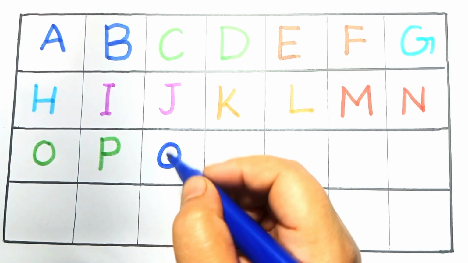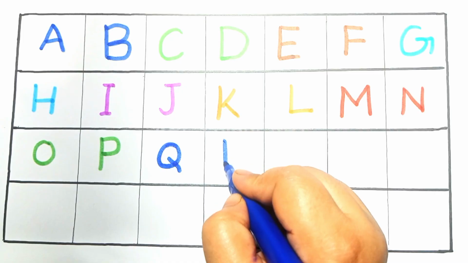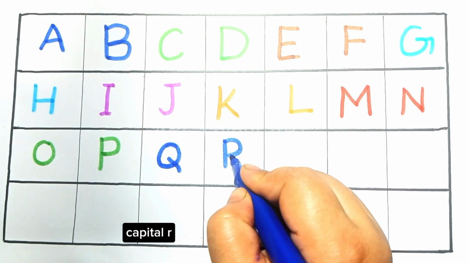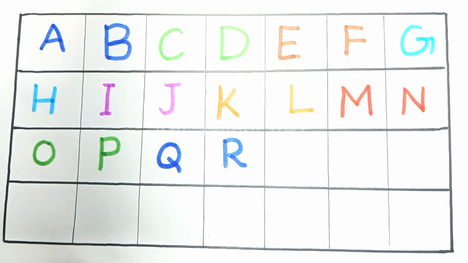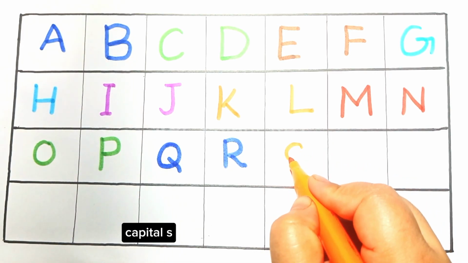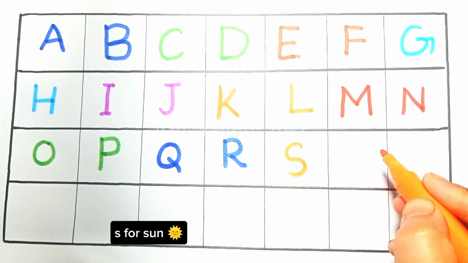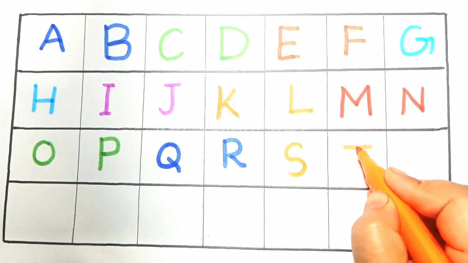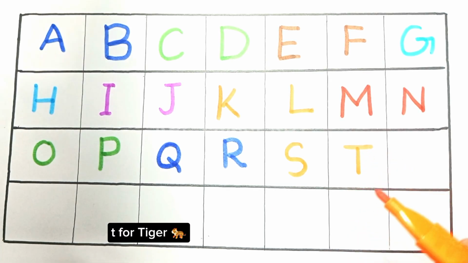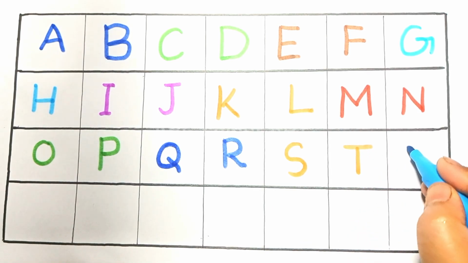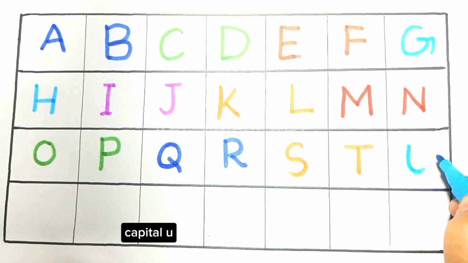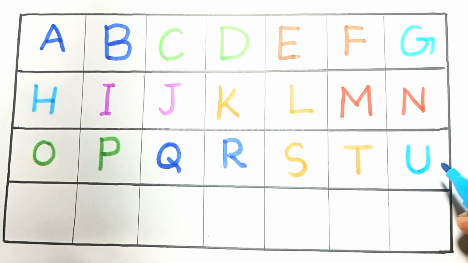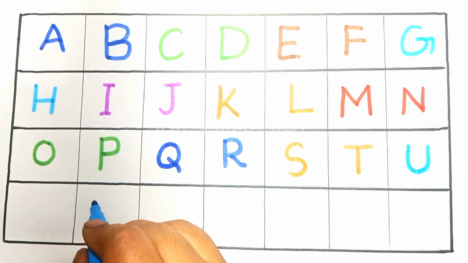Capital Q for queen. Capital R for rose. Capital S for sun. Capital T for tiger. Capital U for umbrella.